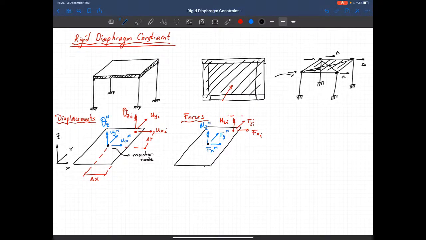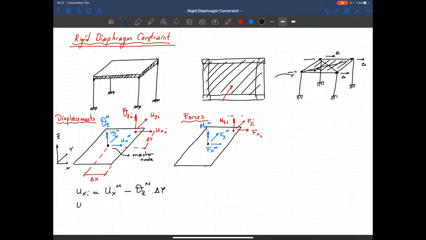So uxi will be equal to, I should have the same translation as the master node, uxm, and remember that there is a rotation, and because of this rotation, this point will move in the opposite direction. So I have minus theta z m multiplied by delta y. Okay, that's the relationship between the uxm and the uxi.